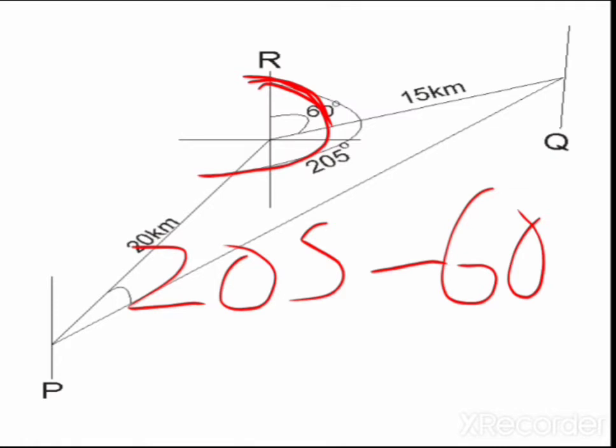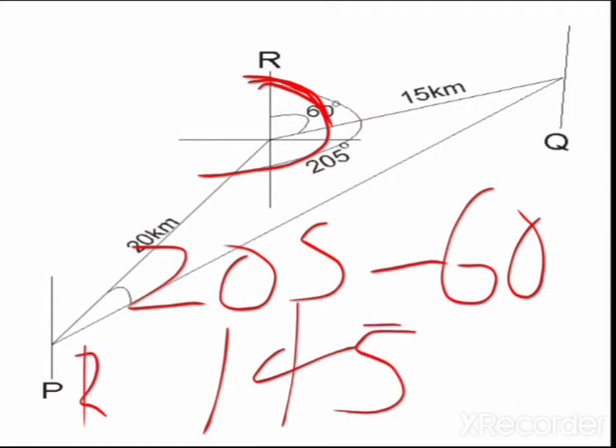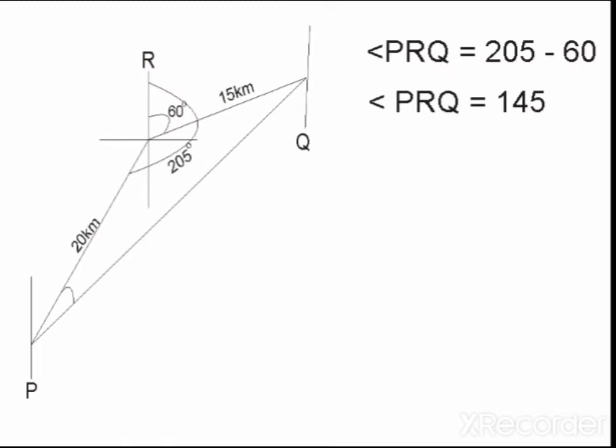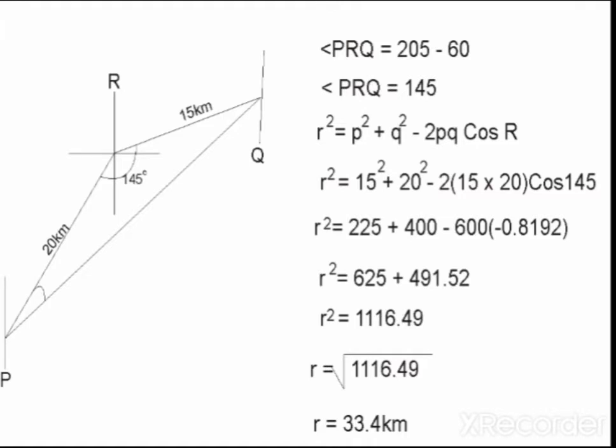If we subtract it, the angle inside the triangle is 145 degrees. So we say that R is equal to 145 degrees. So angle R, inside the triangle, is this entire angle minus the 60, which is 145 degrees.